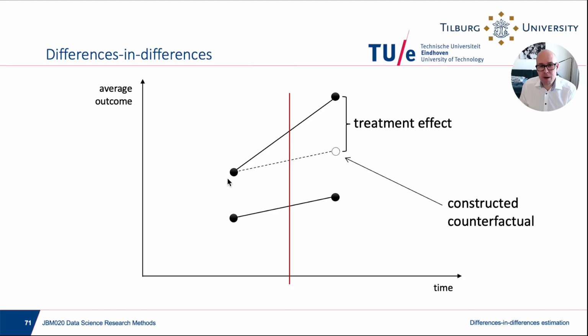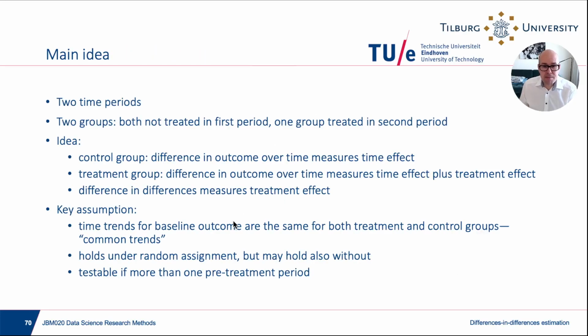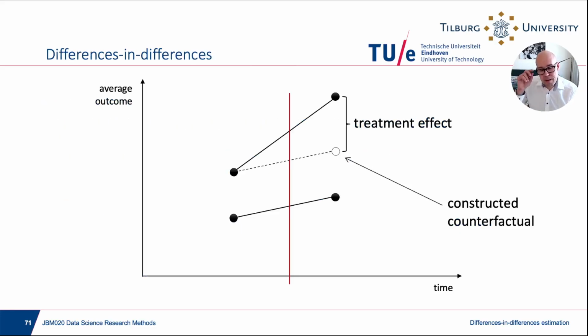So for the treatment group, we also have an outcome pre-treatment, and the first thing to notice here is that the outcome is not the same. So under random assignment, and this is actually one way in which we could test random assignment, what we would see is that the average outcome in the first period, where the treatment group actually did not yet receive the treatment, should be exactly the same as the average outcome for the control group, at least when we have enough data, many observations.